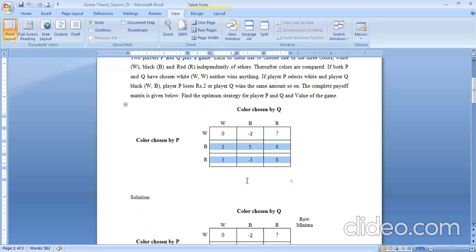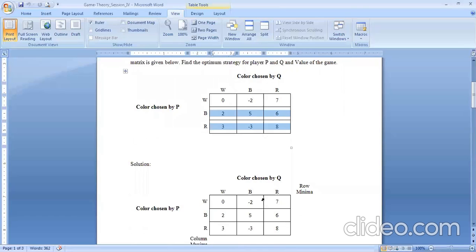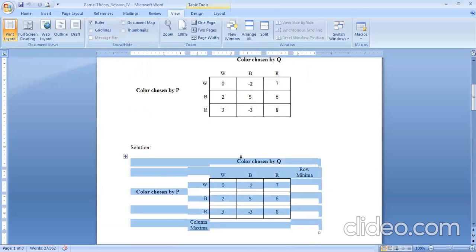As I have told, the dominance rule is to be applied. Before applying the dominance rule, this step should not be here. I have given it only to interpret the solution, to understand the solution. So that is why I have taken this step, but it should not be written while solving problems in a real situation.